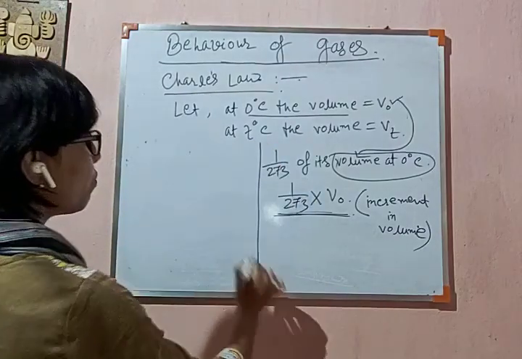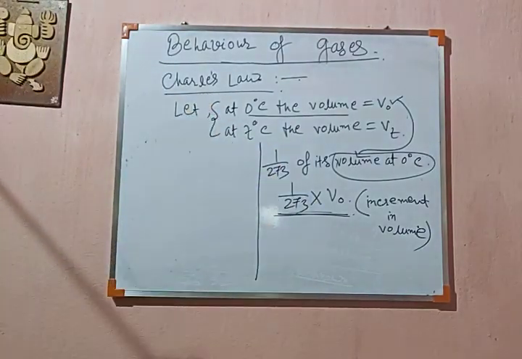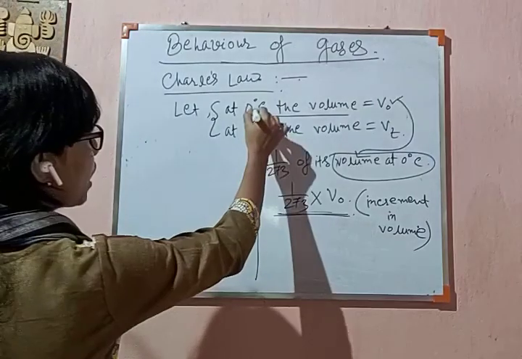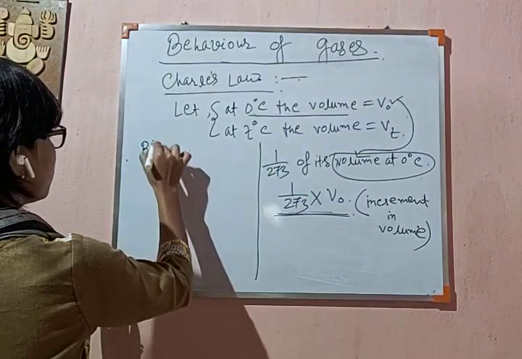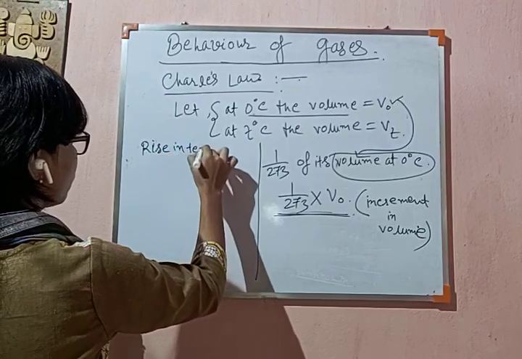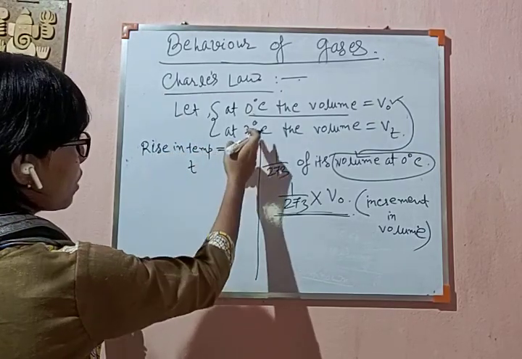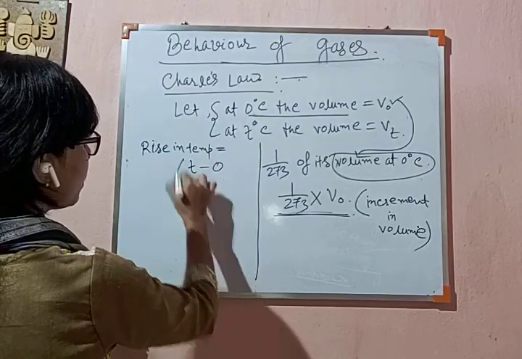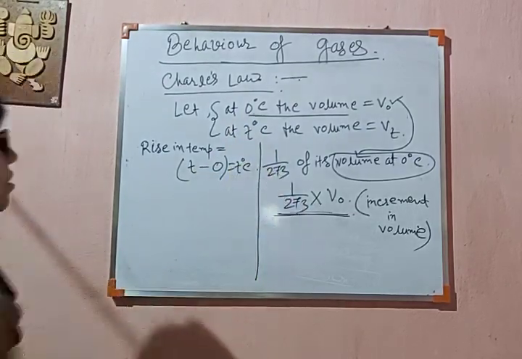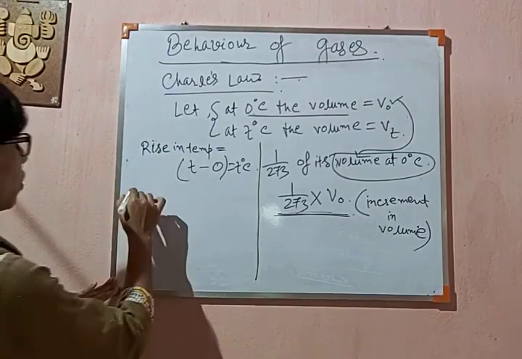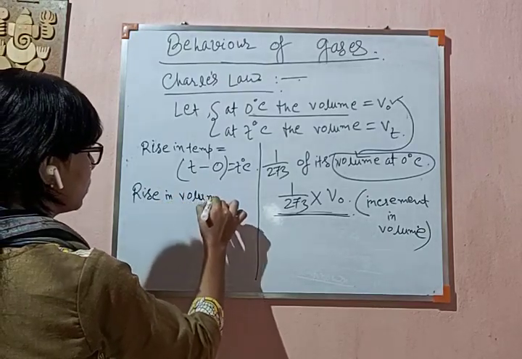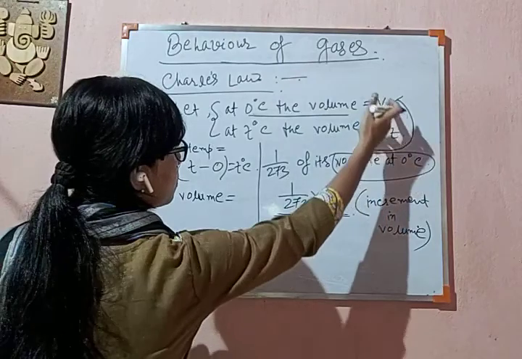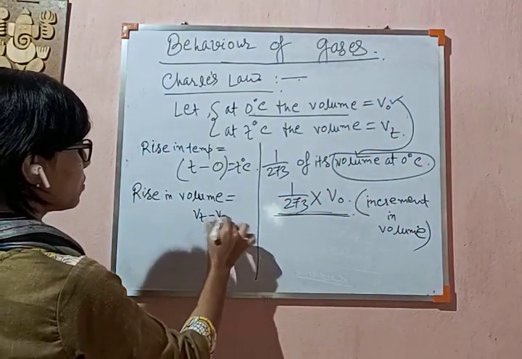Now, from these two data, find the increase in volume for 1 degree Celsius rise in temperature. The rising temperature is T minus 0, that is T degrees Celsius, the final temperature minus the initial temperature. The rise in volume is final minus initial, so Vt minus V0.